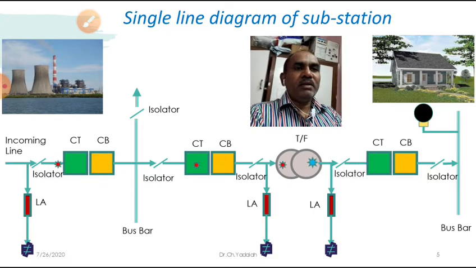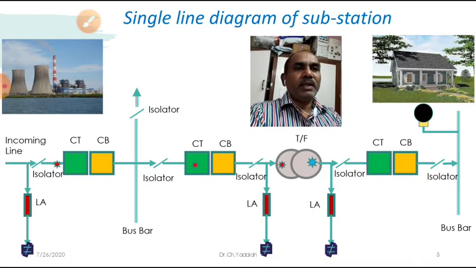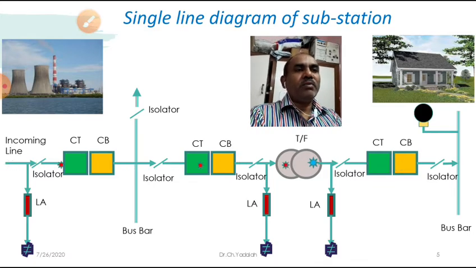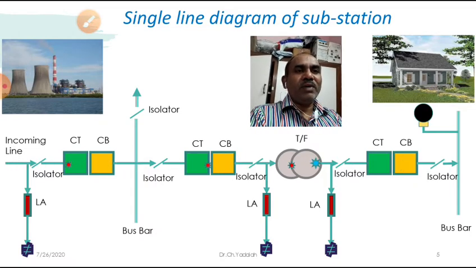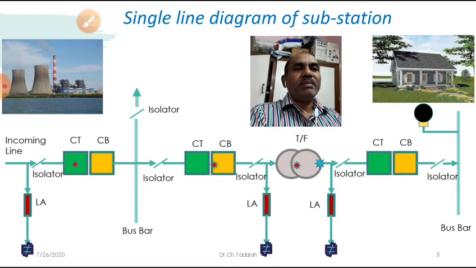Now you can see the incoming is a red color star and the secondary is a blue color star. That means the red color is a small, low current, whereas the secondary is a high current. The voltage is less and the current is more. On the primary side the voltage is more and the current is less, as you know.